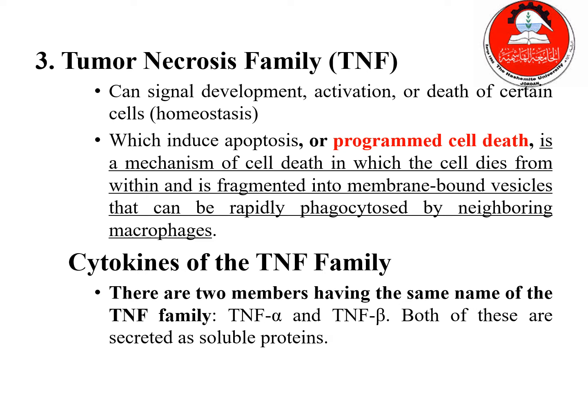Cytokines of the tumor necrosis factor family: there are two members having the same name of the TNF family. We have TNF alpha and TNF beta. Also, we have the FasL, or the Fas ligand, a member of the TNF family. TNF alpha and beta are both secreted as soluble proteins.